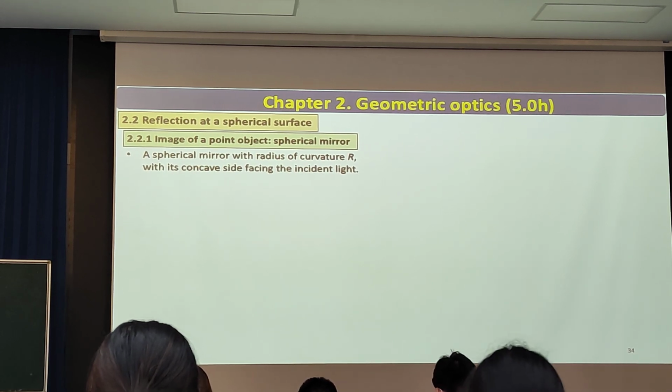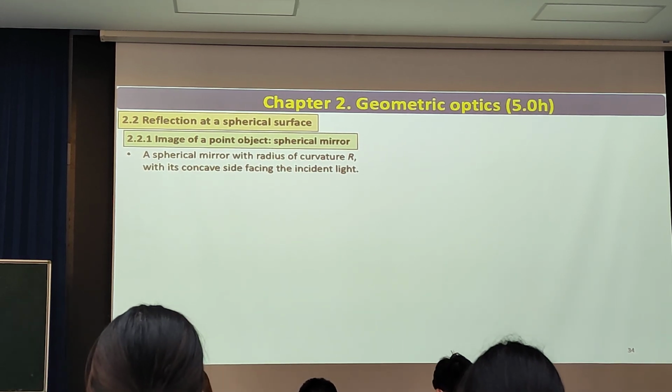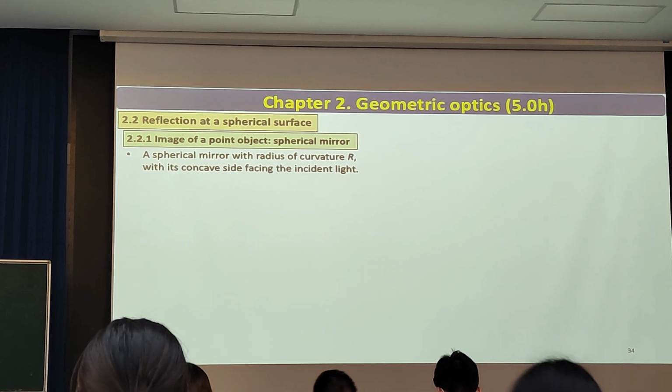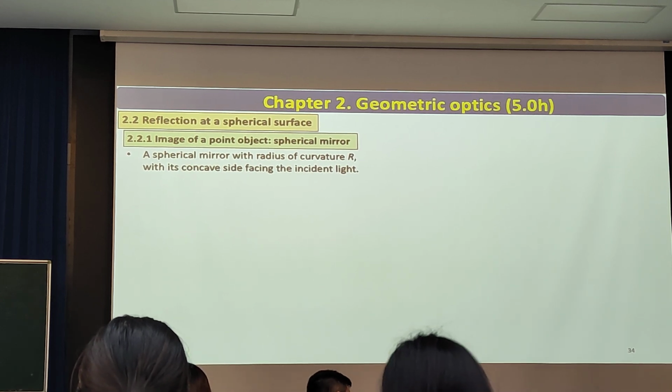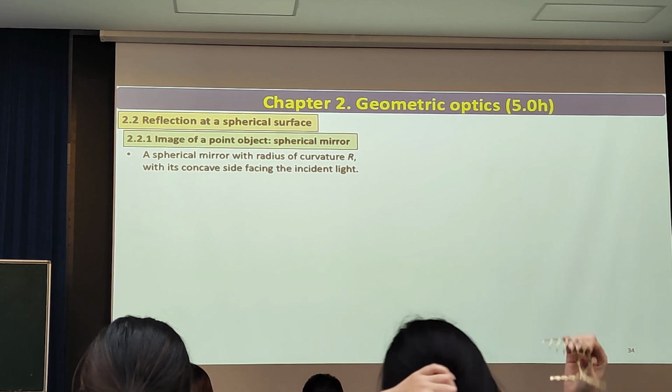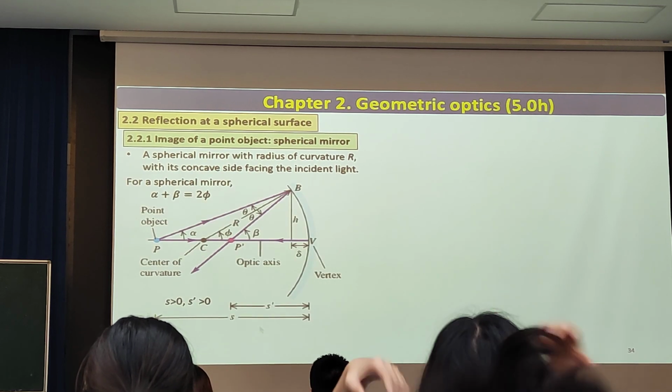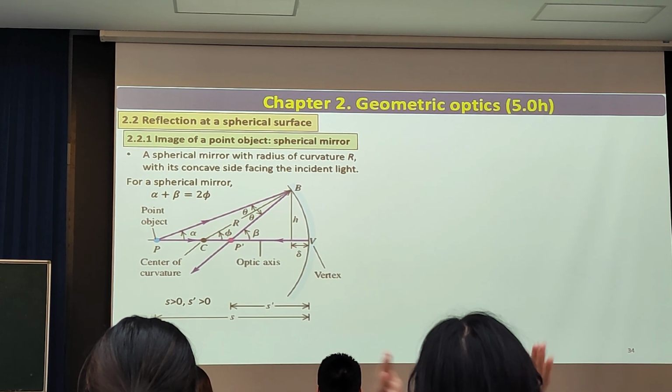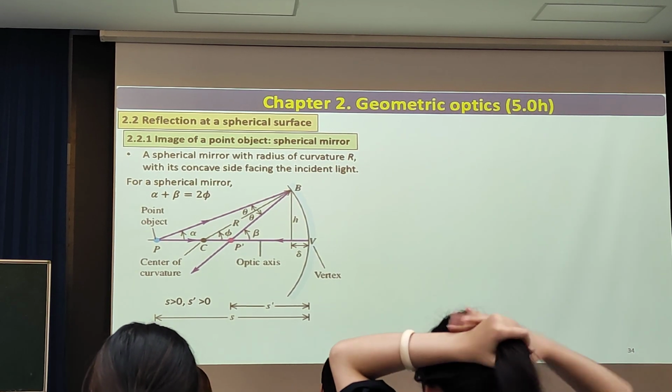So what I just mentioned is a spherical mirror. When we talk about a spherical object, that means you will have a radius, right? Let me use the mouse to show you.